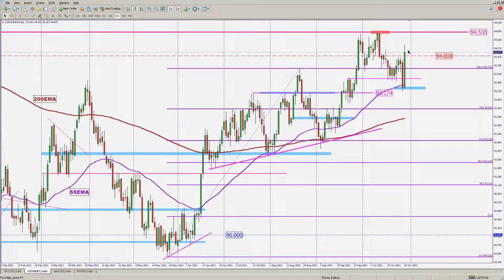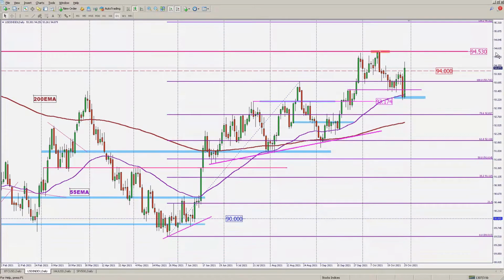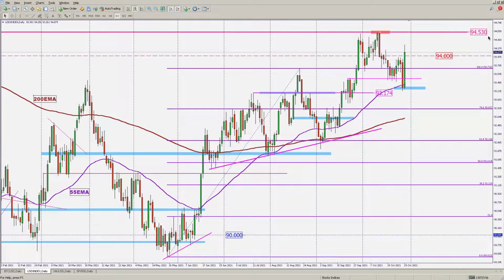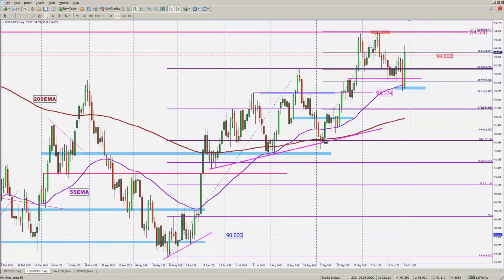We need to watch out if it does break through, and probably need another fib extension from here.